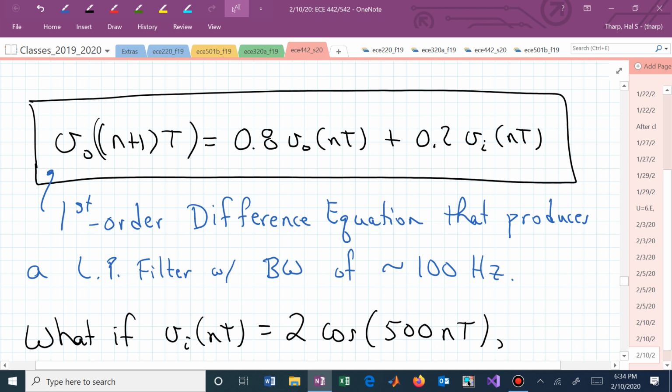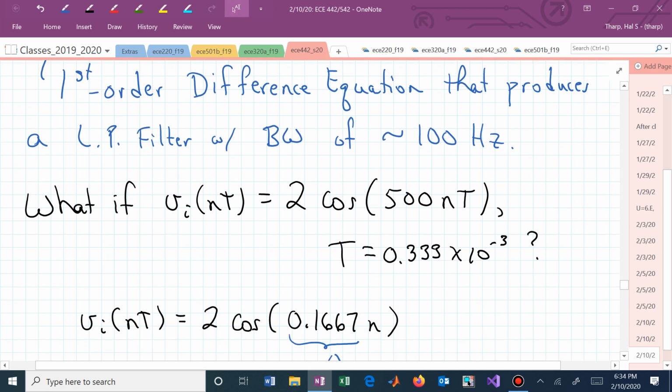We would push it through this difference equation. So we're just combining previous values of the output with current values of the input and output at the current time to produce the output one time step into the future. And then we just keep cycling through that.